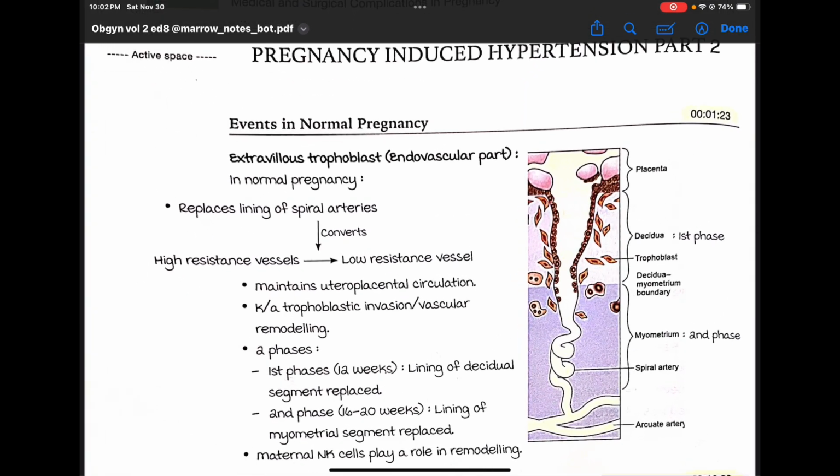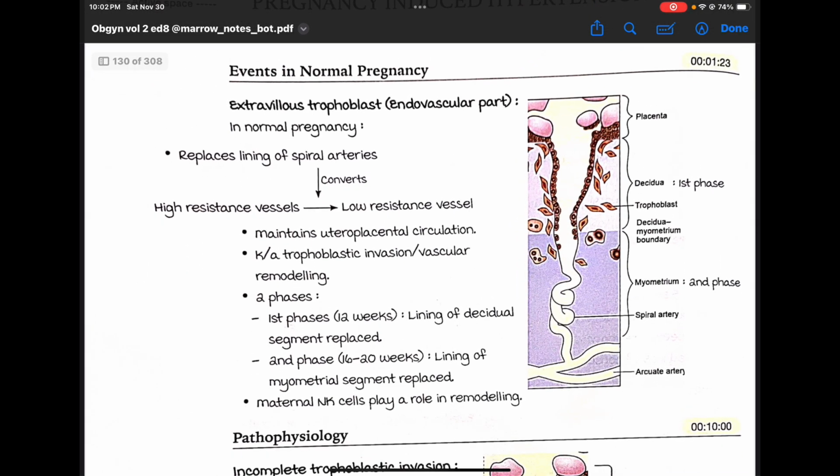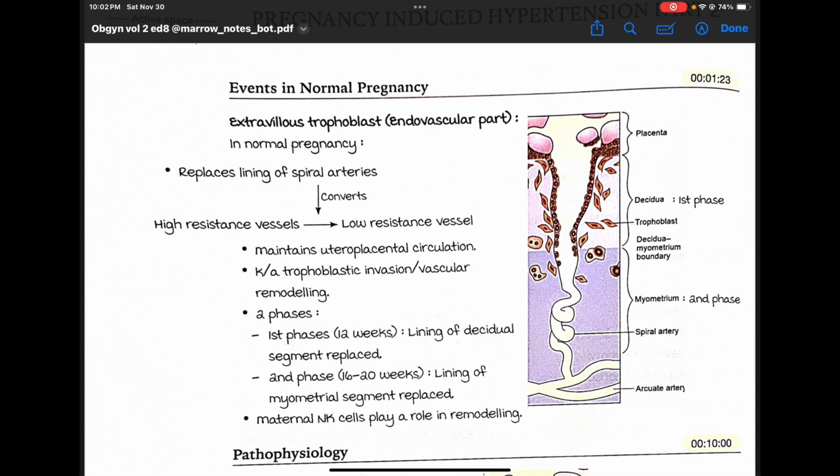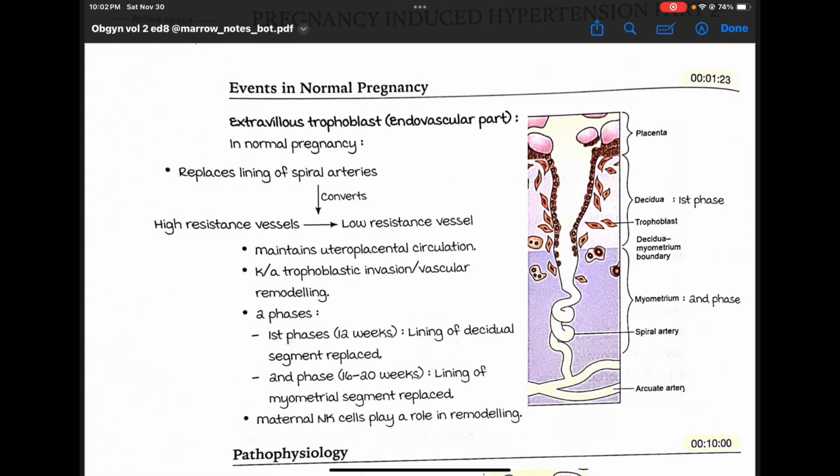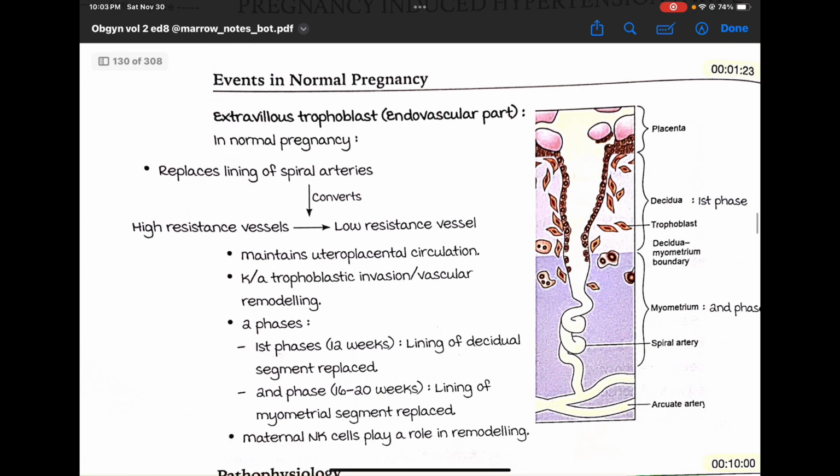Pregnancy induced hypertension part 2. Events in normal pregnancy: extravillous trophoblast, endovascular part.